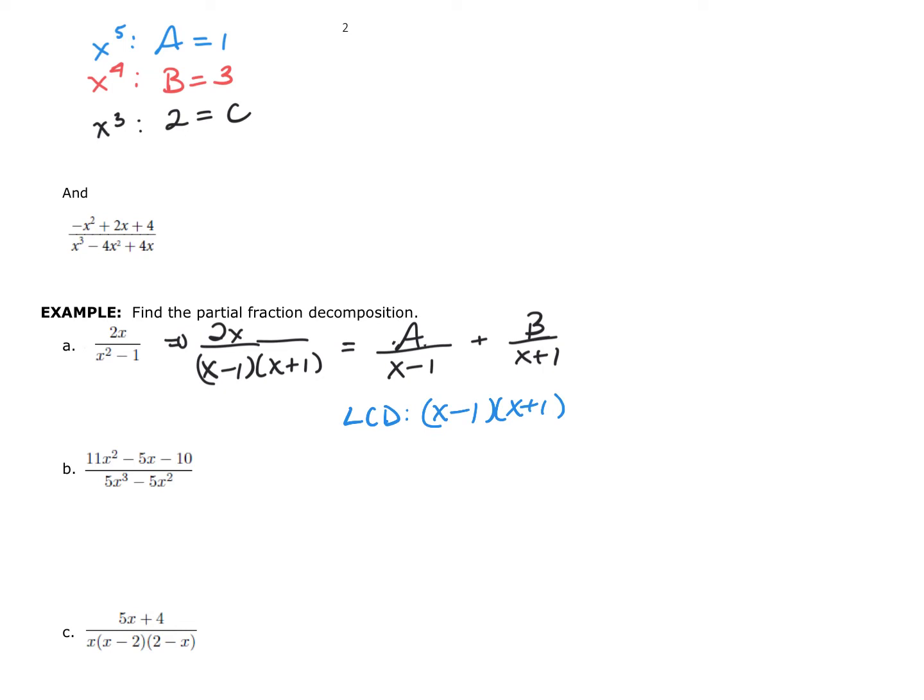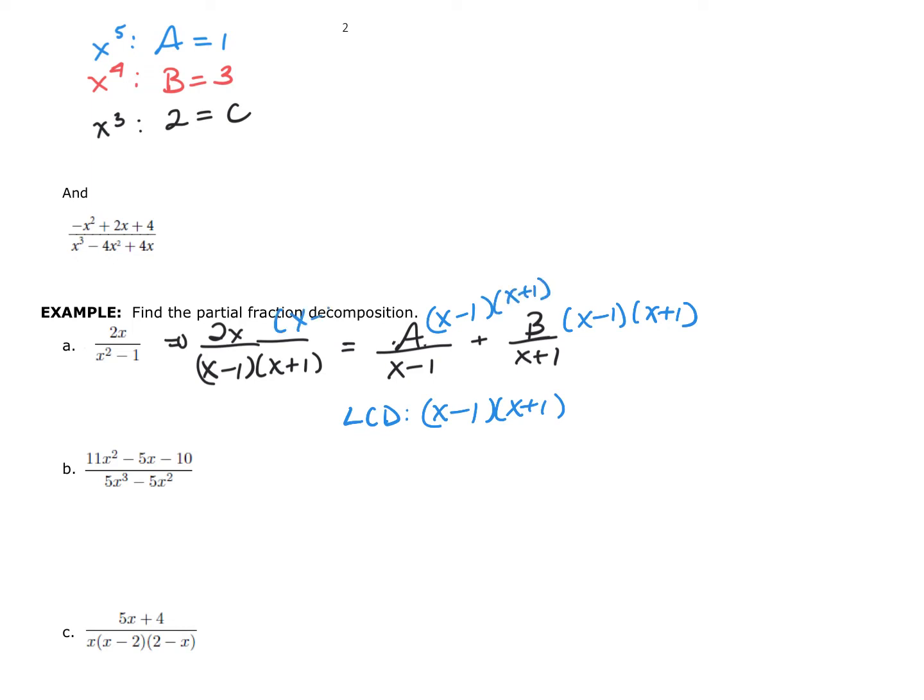I'm assuming one side is equal to the other, so I don't have to find the lowest common denominator of each one and make single fractions. I still need to find the lowest common denominator, but I don't need to make a single fraction equal to a single fraction. Rather, I'm going to multiply every single term on both sides of the equal sign by the lowest common denominator to clear my fractions.